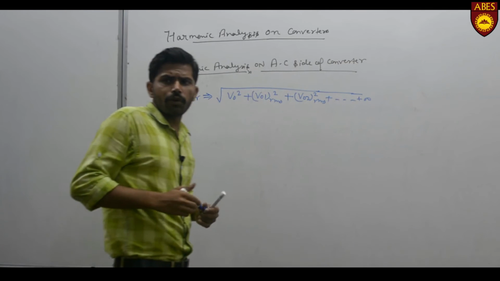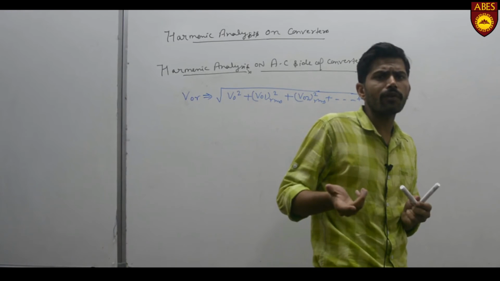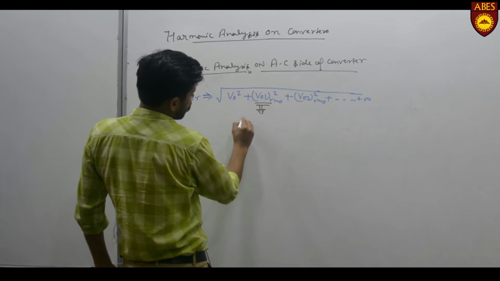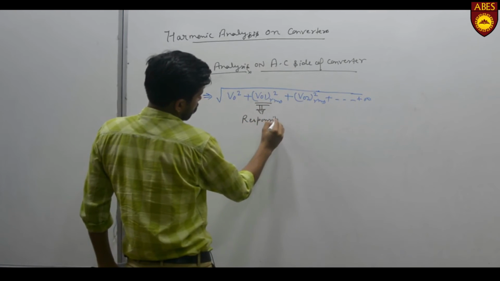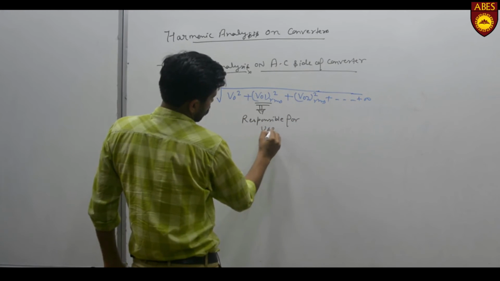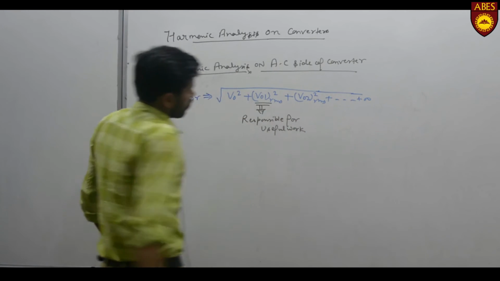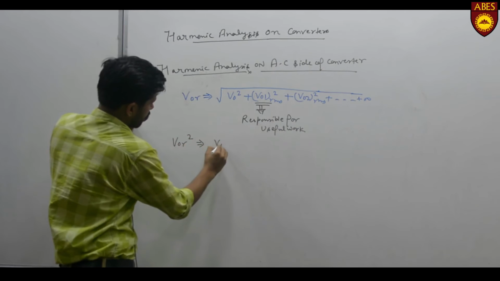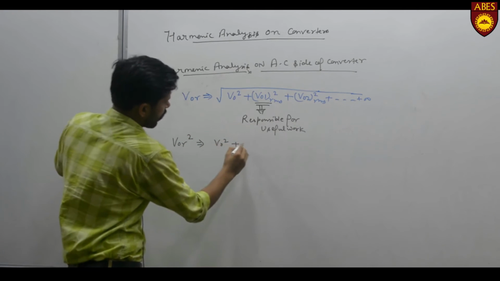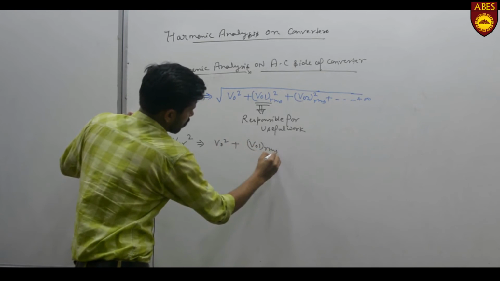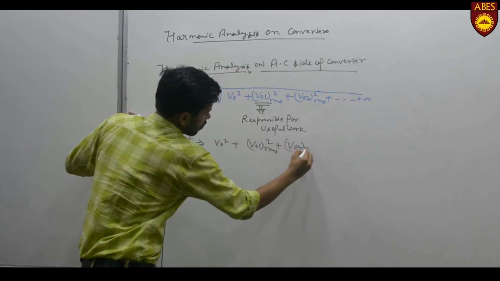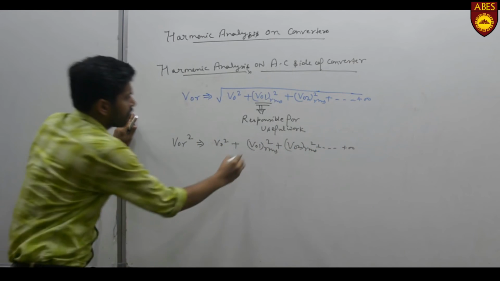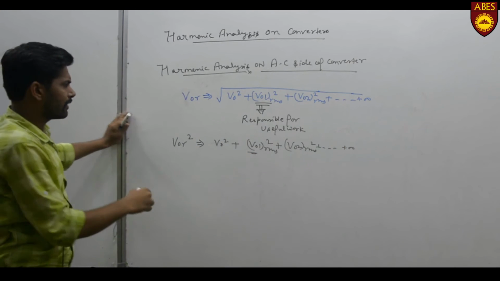Now for all AC loads, only the fundamental is necessary for useful work. That is our fundamental component, which is responsible for useful work. So now VOR square is equal to V naught square, that is our average value, plus the fundamental, which is responsible for useful work on the AC side.